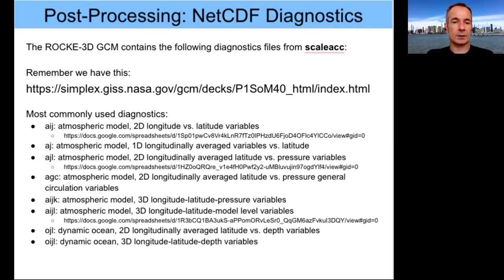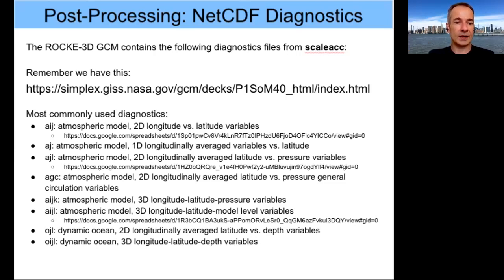This is a two-dimensional file that contains longitude and latitude dimensions and atmospheric components. So A for atmosphere, I for longitude, J for latitude. By saying that alone, you understand that AJ is longitudinally averaged variables: the atmospheric variables that are the mean over longitudes for every latitude.